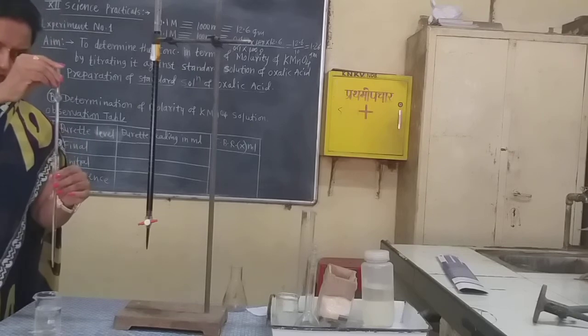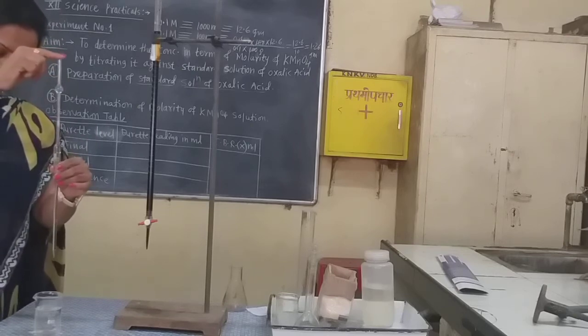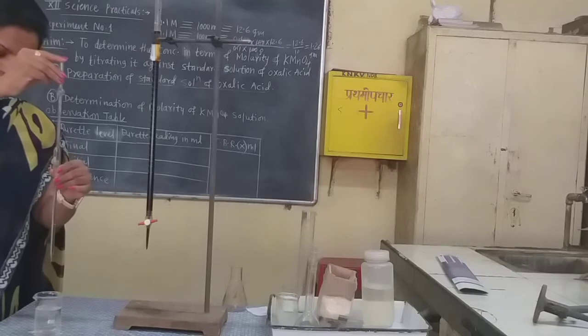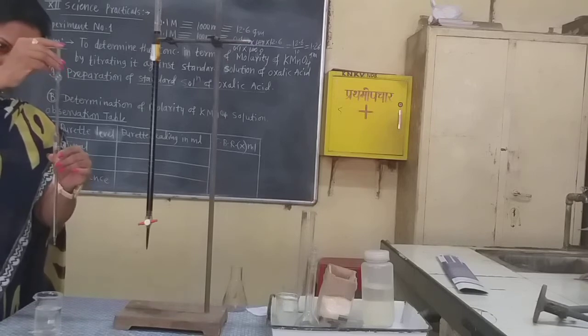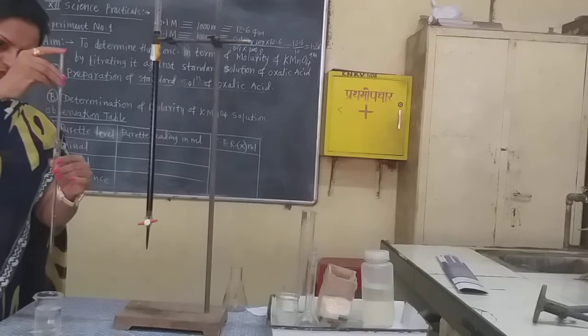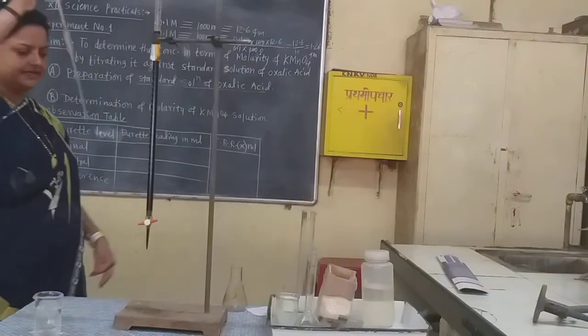After slowly releasing the pressure of our index finger, we can adjust 10 ml of this oxalic acid up to the calibration. Yes, now this is the 10 ml oxalic acid.